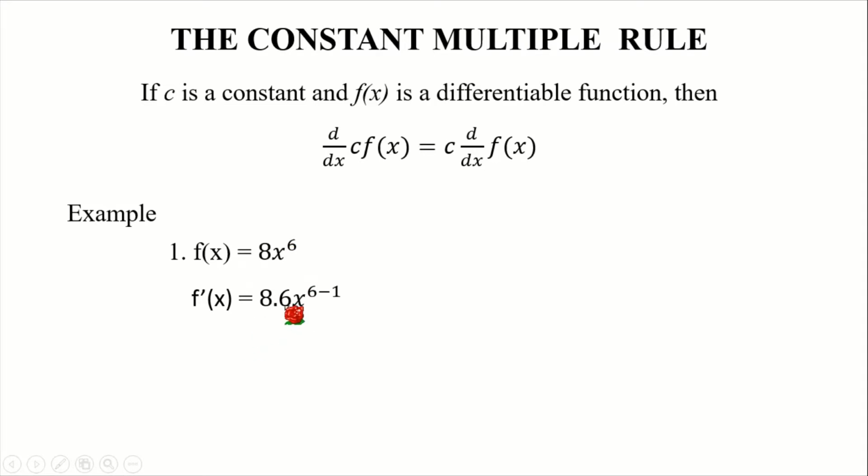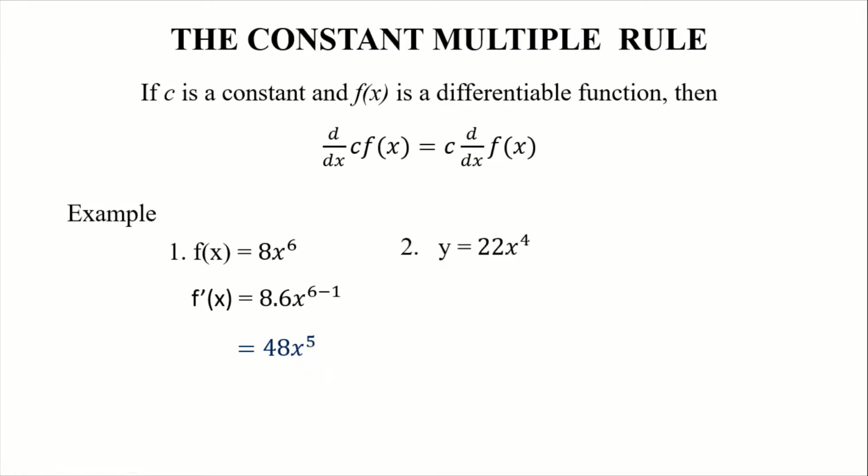Ayan. Tapos, i-multiply natin siya dito sa isang constant. Okay? Then, isusubtract natin ng 1 yung ating exponent. So, 8 times 6, that is 48. X, 6 minus 1 is 5. So, therefore, yung derivative ng function na ito is 48x raised to the 5th power.